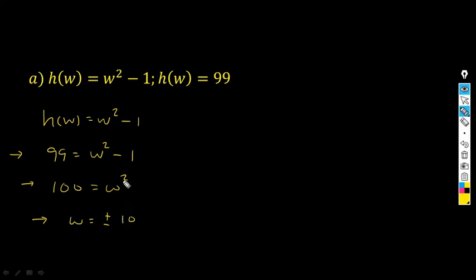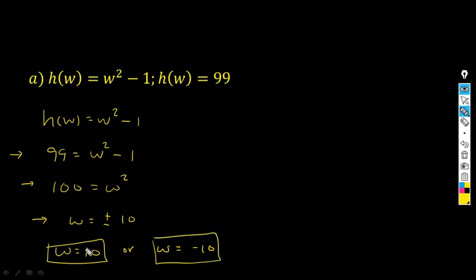Because 10 to the square is 100, and minus 10 to the square is 100. So we have two possibilities: w equals 10 or w equals minus 10. We have two solutions to this problem. Both of these inputs will produce this output. Okay, h of 10 will be 99, and h of minus 10 will also be 99.